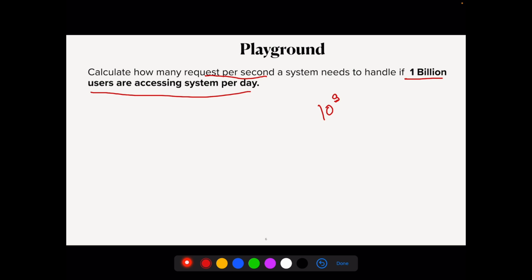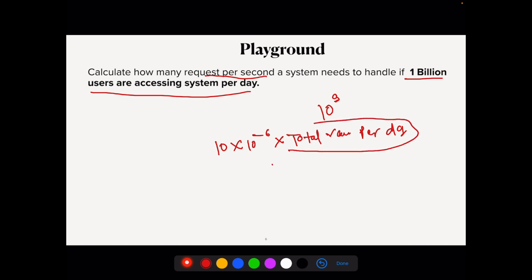What was my formula in the previous slide? We need to multiply 10 into 10 to the power minus 6 by the total number of requests per day. Here, I know this value: this is 10 to the power 9, and this is 10 into 10 to the power minus 6.